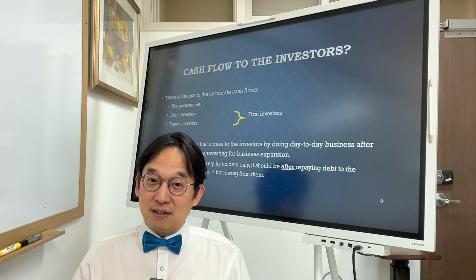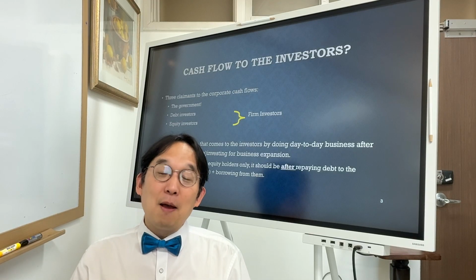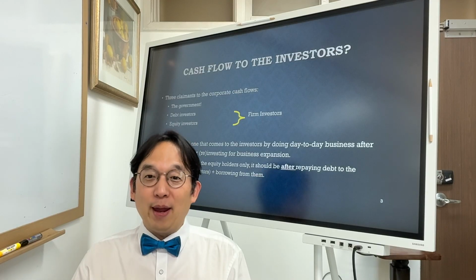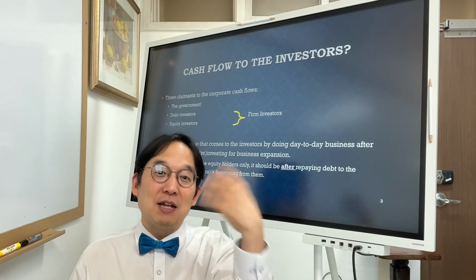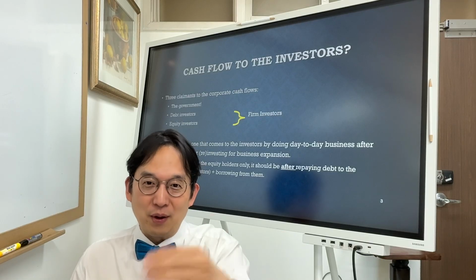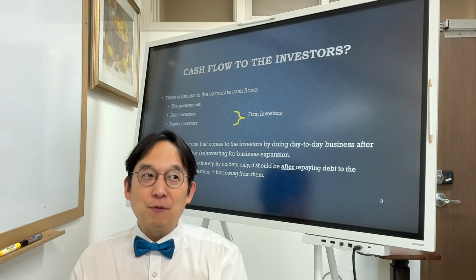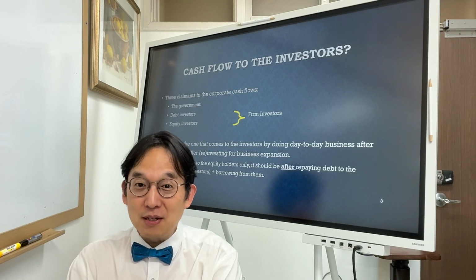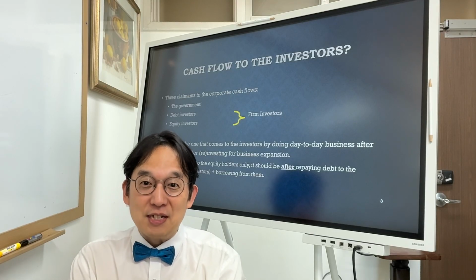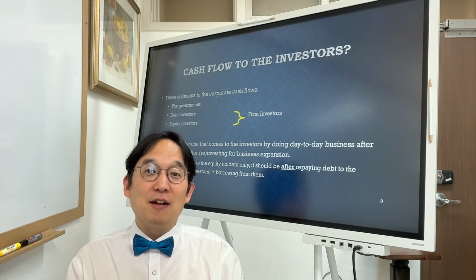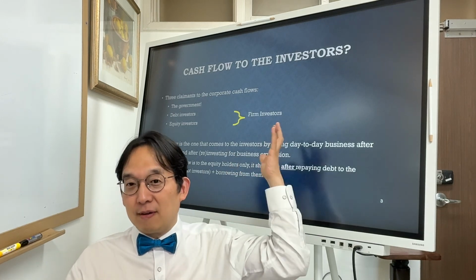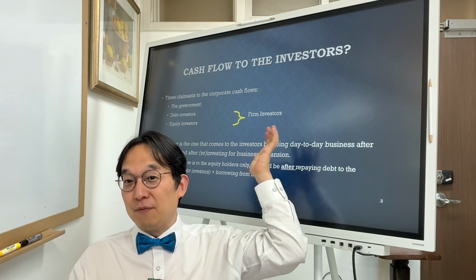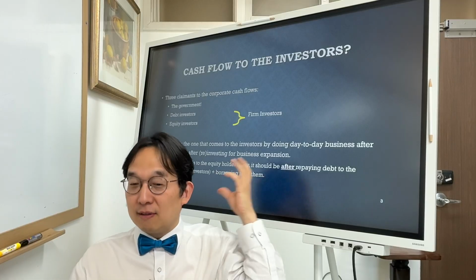Next claimant is the debt investors, right? By law, you have to pay interest expenses to the bankers that lent the money to you. If you fail to pay the interest, we call you defaulted, and you're bankrupt. So you have to think about the debt holders, the debt investors, as your cash flow claimant.